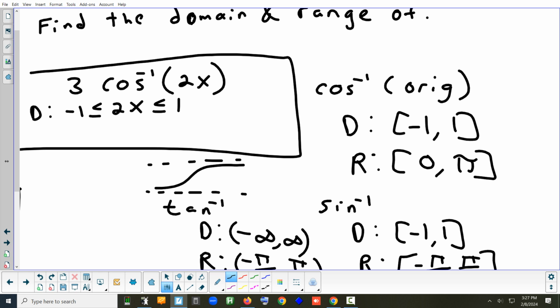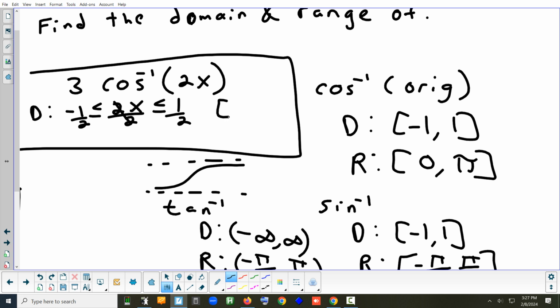So now if you solve for x, the new domain is basically cut in half. That 2 is causing it to compress by 2. So what would be your new domain using interval notation? -1/2. Yep.